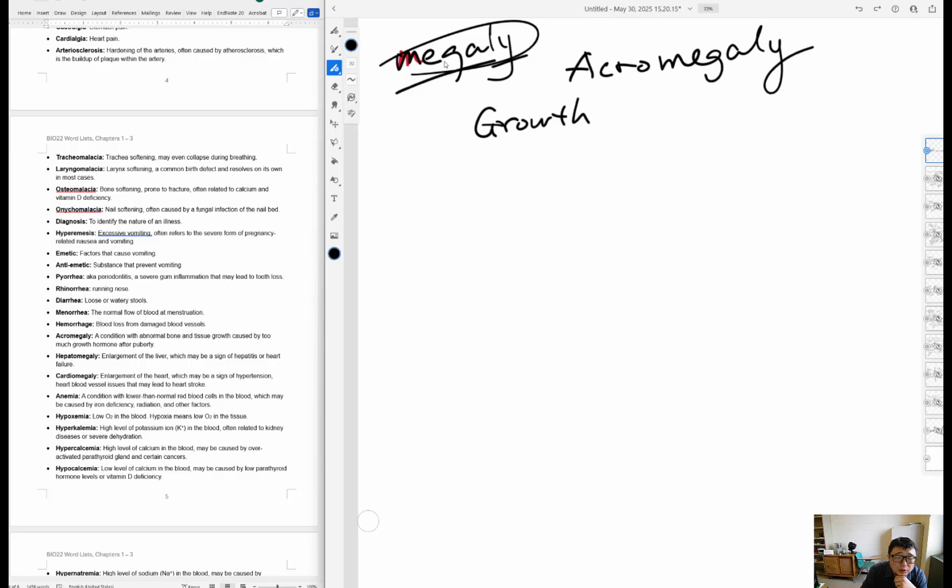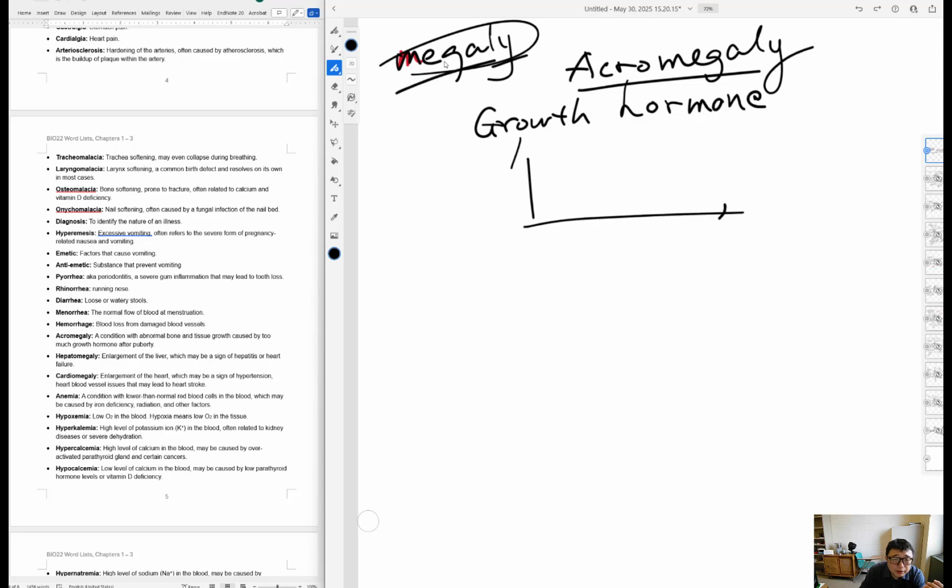You may have heard of growth hormone. Growth hormone is supposed to be produced in the early stage of life. It reaches the peak at puberty, and some people still produce it until their 20s.